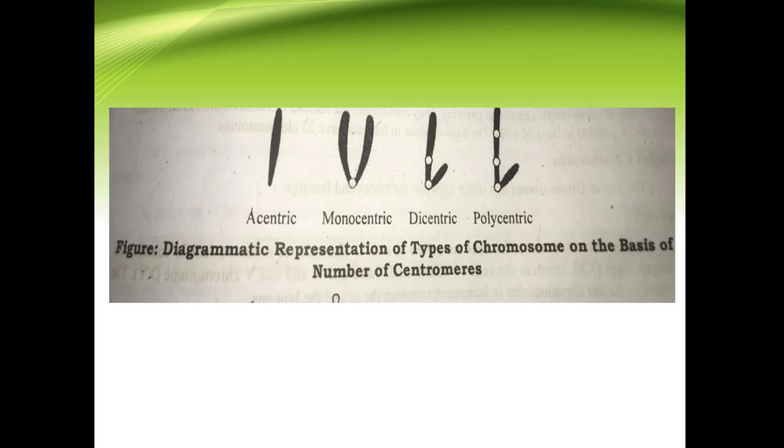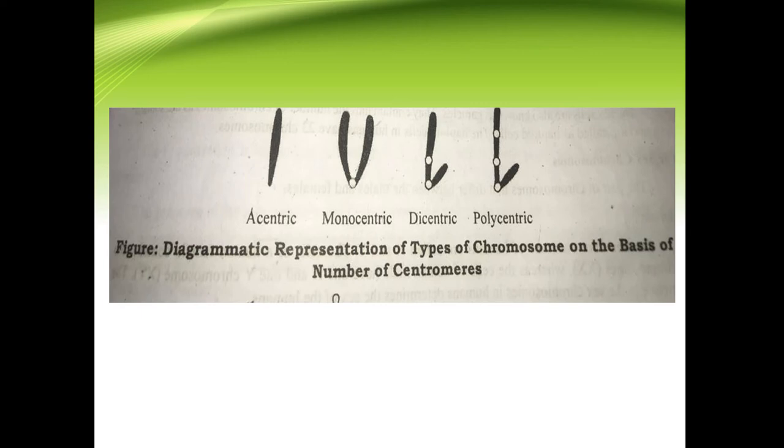First we have acentric. The centromere is absent in this type of chromosome. A chromosome without a centromere we call an acentric chromosome.